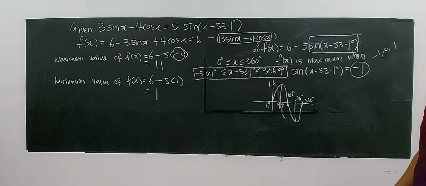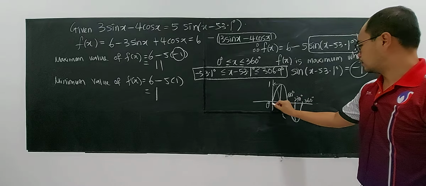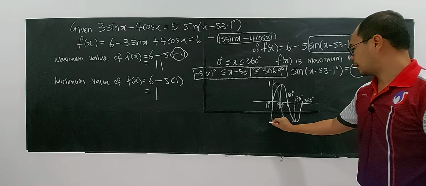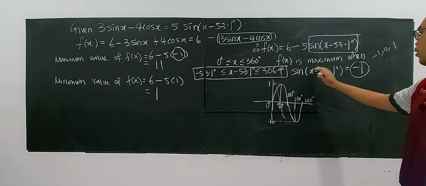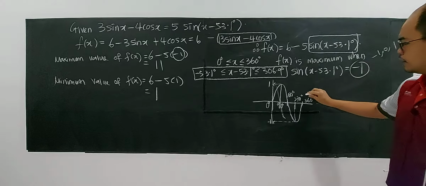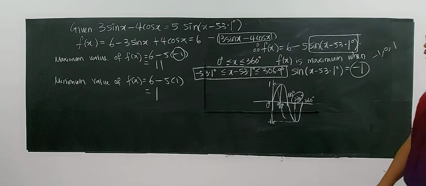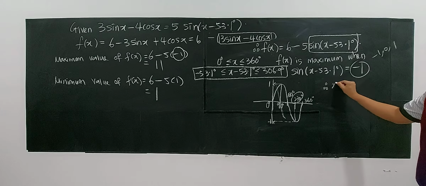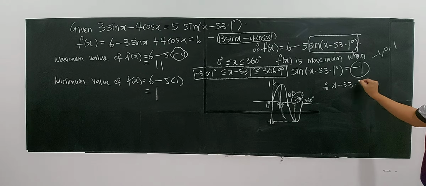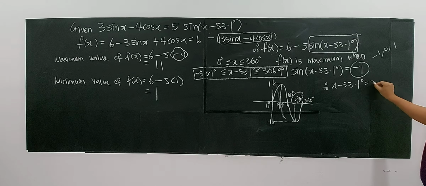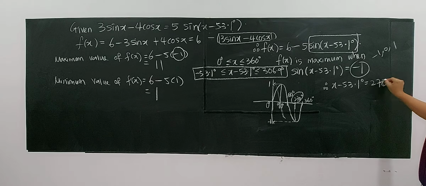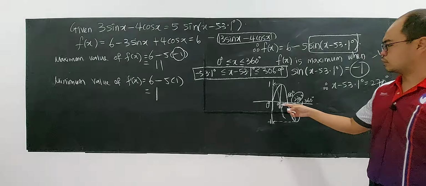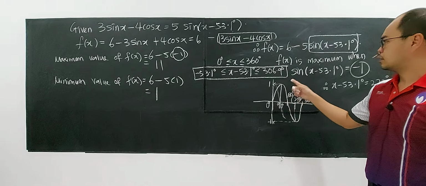So sine of an angle is -1 when it is 270. Therefore x - 53.1 degree is 270 degree, right? There are no other values here.